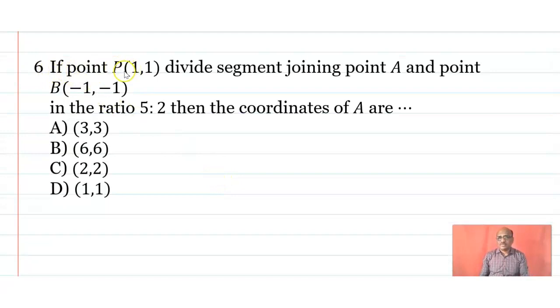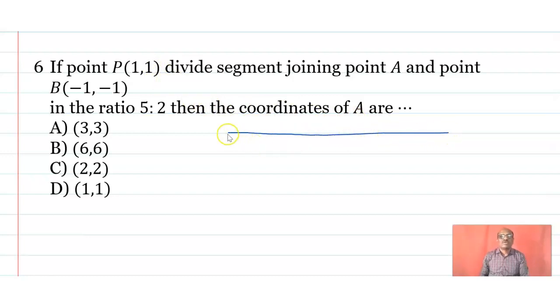If the point P divides the segment joining point A and point B in the ratio 5:2, then find the coordinate of A. हा P divide करतो means what, इथे या प्रकारे तुम्ही consider करू शकता.